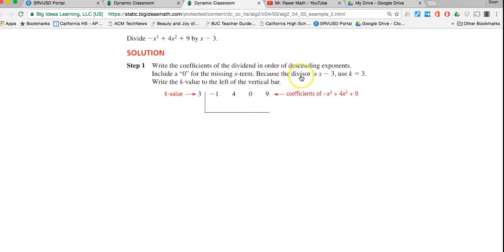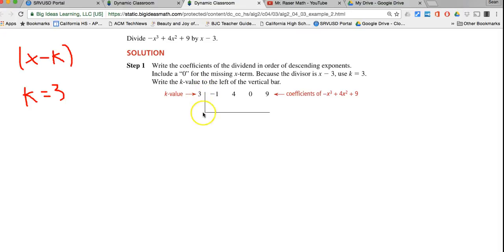Now, like I said, because the divisor is x minus 3, we're going to use k equals 3. So I'm going to write that back up here just for you guys to see. We use this when it's x minus k, and because it's minus 3, we're going to do k equals 3. Now, what we're going to be doing right here is writing the k value to the left.